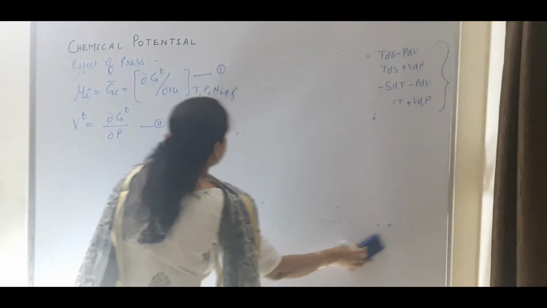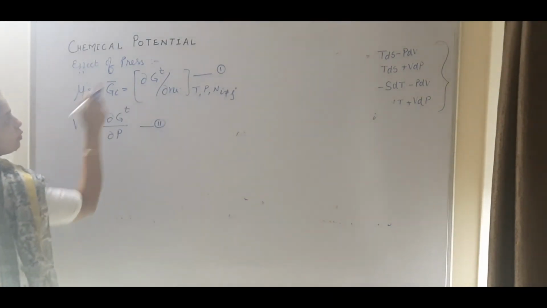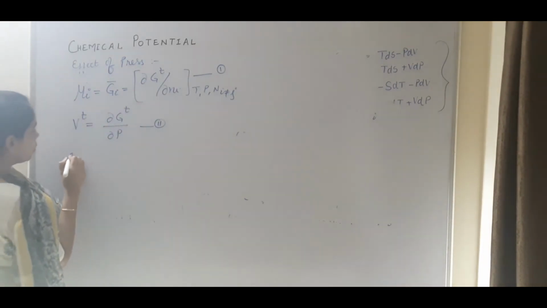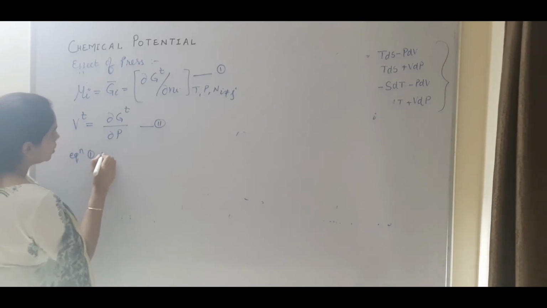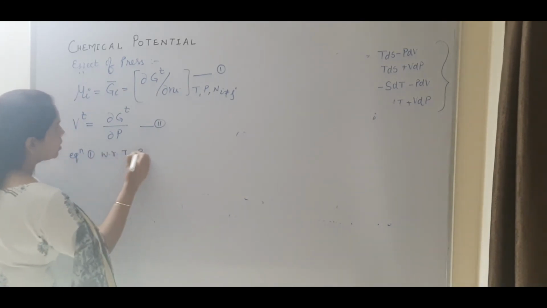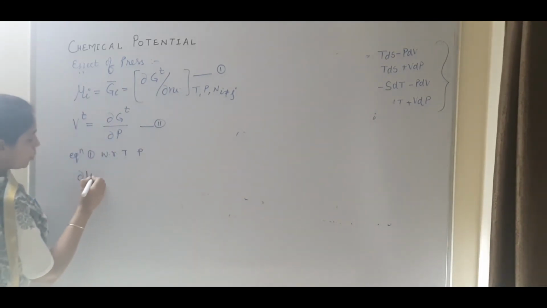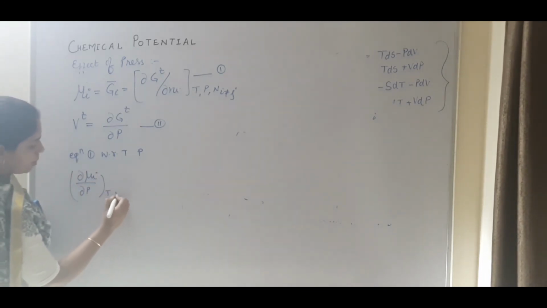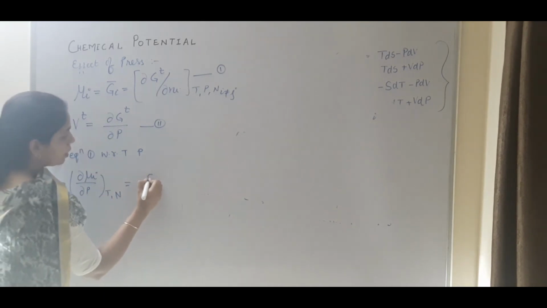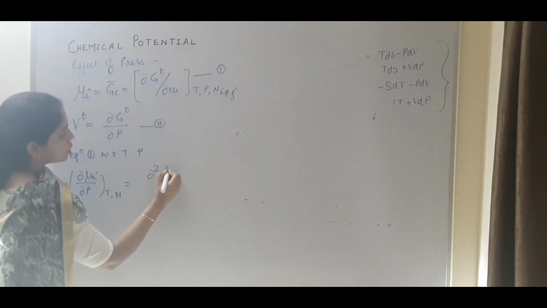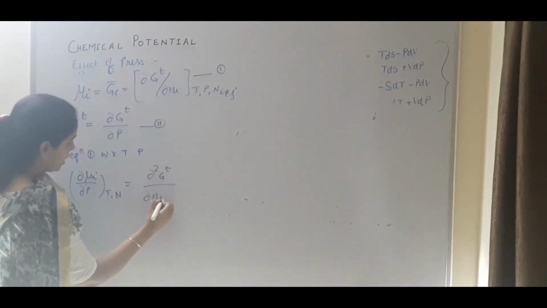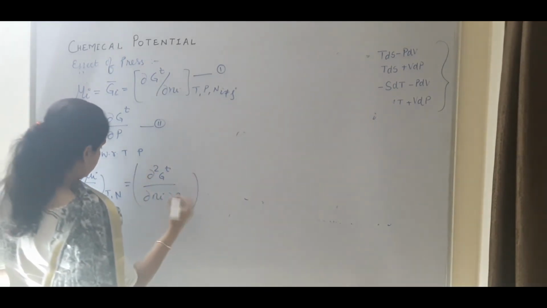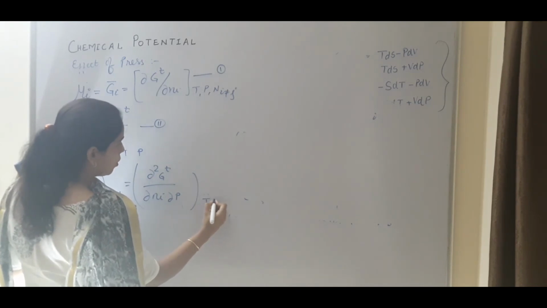So differentiate equation number 1, because we need to find out the effect of pressure, with respect to pressure. So ∂μ_i upon ∂P, where temperature and number of moles are constant, is equal to ∂²G_t upon ∂n_i ∂P.